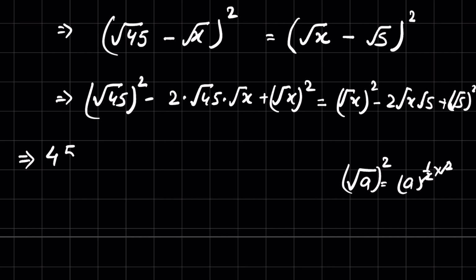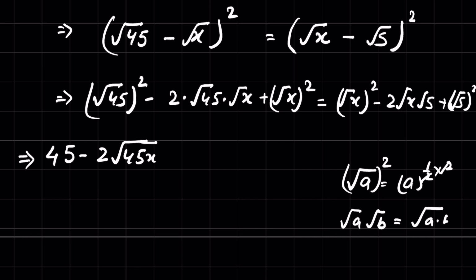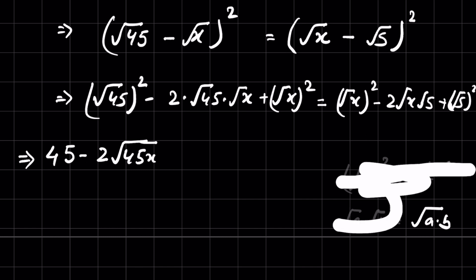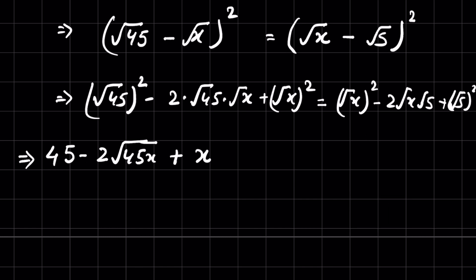So, this will be 45 − 2 times √(45x), because √a times √b is equal to √(ab), plus x, we remove the square root with the square, is equal to x − 2 times √(5x) + 5.